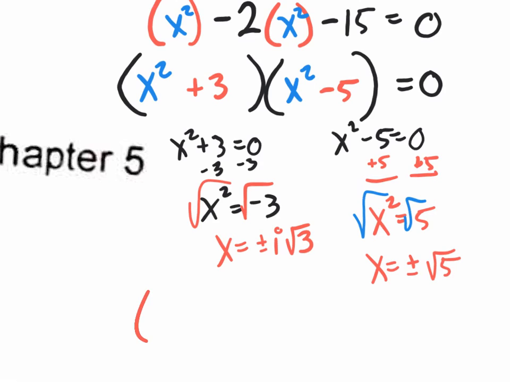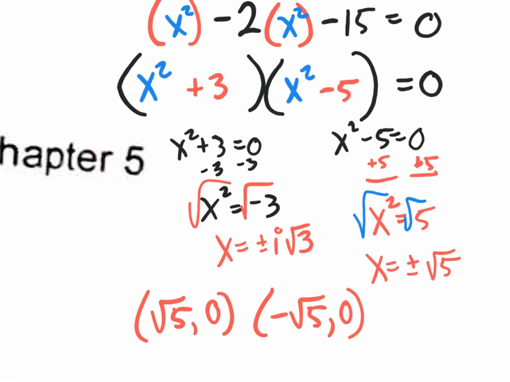Negative, I'm losing it. Square root of 5, 0, and negative square root of 5, 0. Those are the x-intercepts. These are imaginary, which means that there is no real x-intercept on those. The only real locations are at positive square root of 5 and negative square root of 5, which is really negative 2 point something and positive 2 point something.